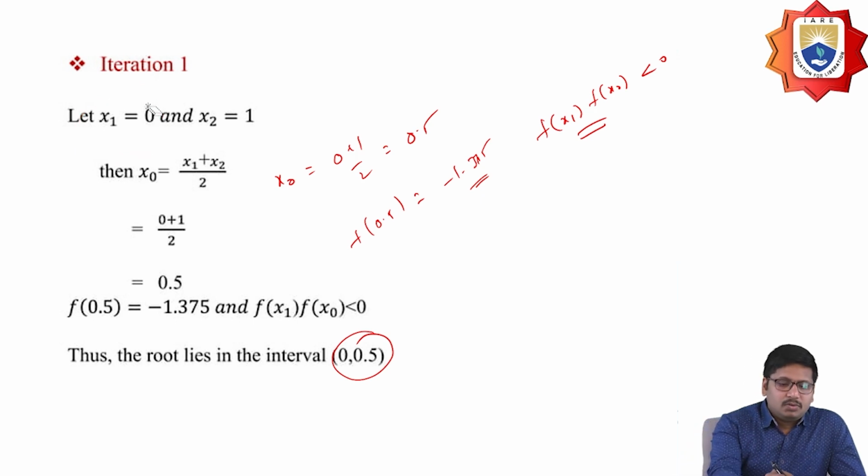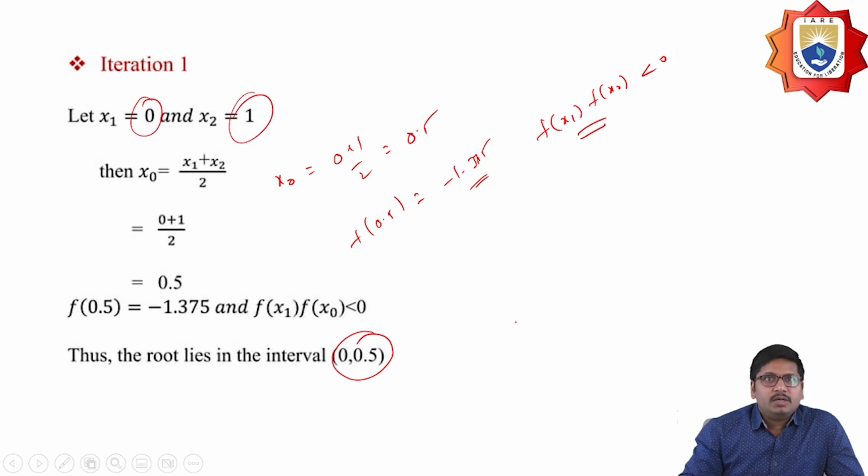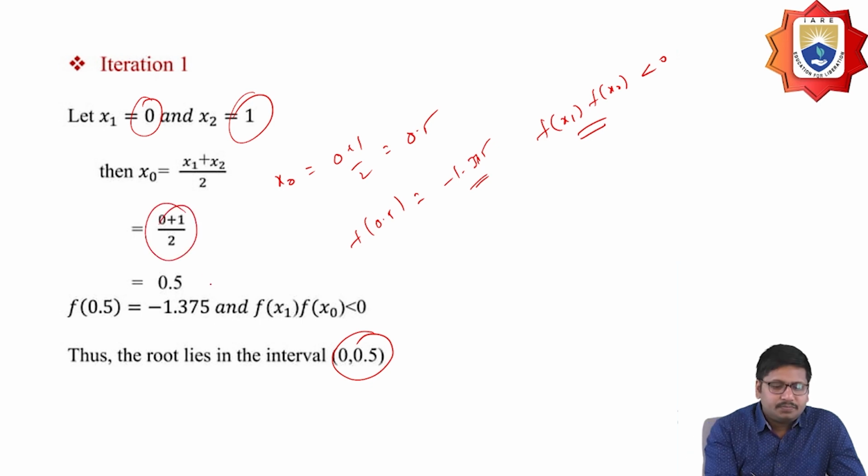Clear? So if I have x1 equal to 0 and x2 equal to 1, then x naught is equal to x1 plus x2 by 2. Then x1 plus x2 by 2 means I get 0.5.